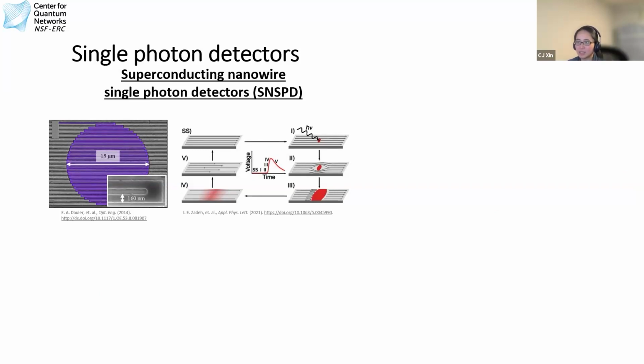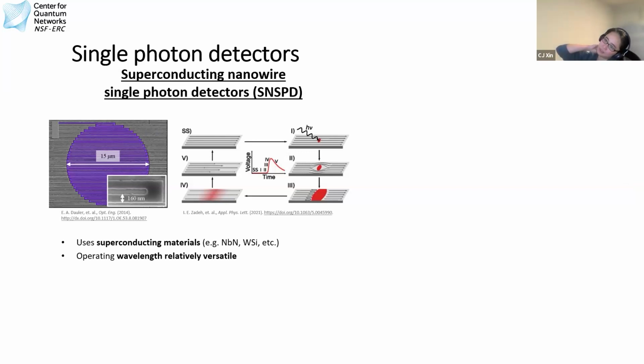And obviously, just like what it says on the tin, it uses superconducting materials. The operating wavelength is relatively versatile, and there's a very high, almost unity efficiency across a very large range of wavelengths. A lot of the time, with the commercial SNSPDs that you can buy, it's not a limitation of the material that compromises the efficiency, but rather the cavity they put around the superconducting nanowire to enhance the interaction.